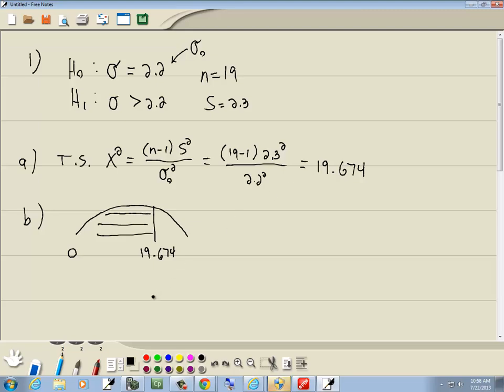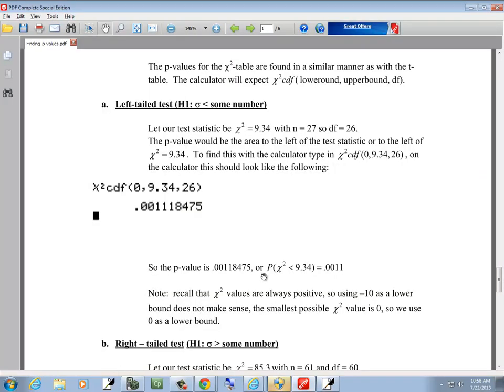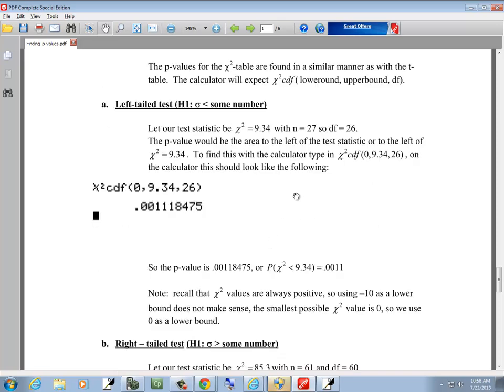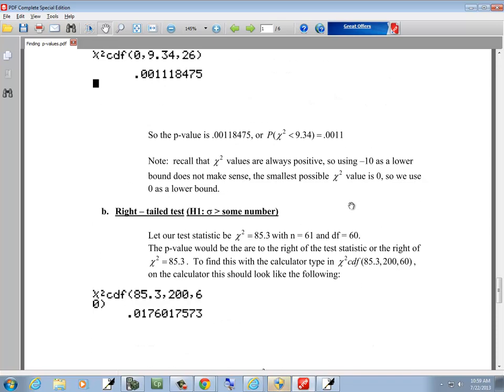This is the part where I had to find this document, because in the book I couldn't find anywhere where it even talked about it. But this tells you that we're going to use chi-square CDF, lower bound, upper bound, then degree of freedom.